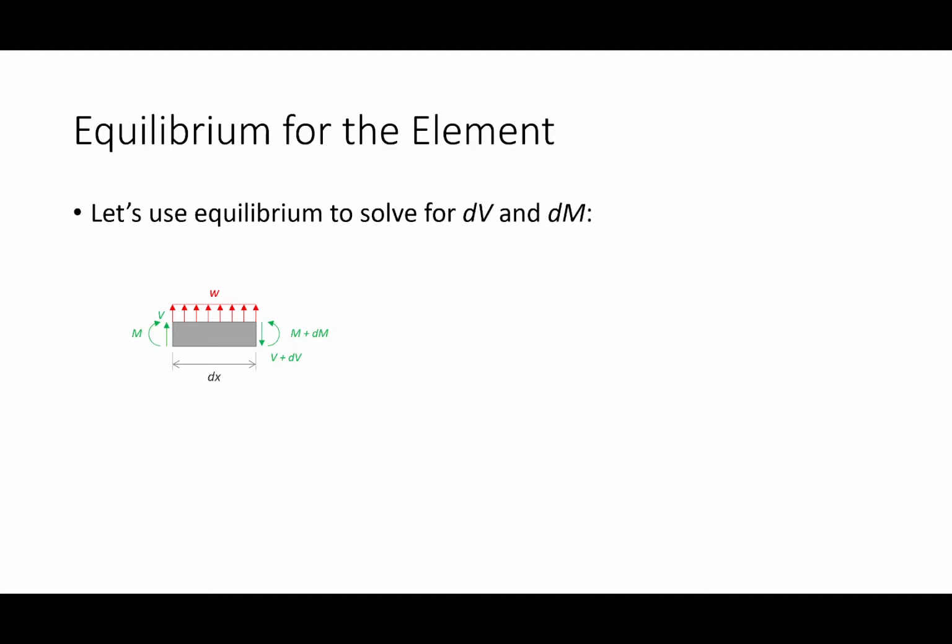if I were to do this, I'd say V plus W dx equals V plus dV, right? And so therefore, W dx is dV. Or another way of writing it is that.